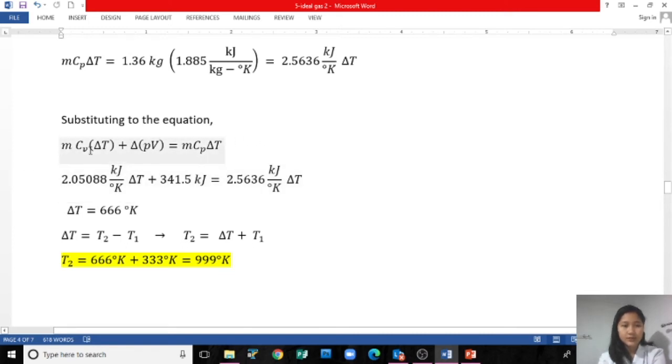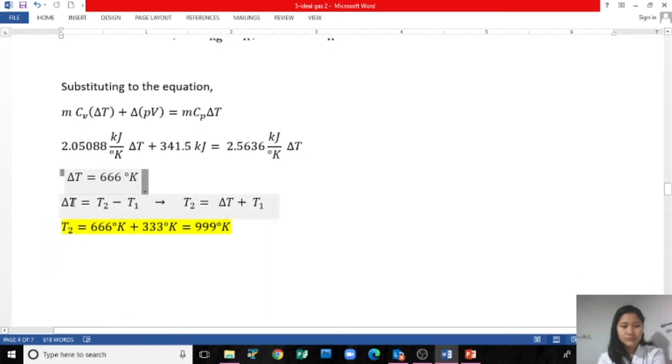So substituting all the given to the equation, delta T now is therefore equal to 666 degrees Kelvin.